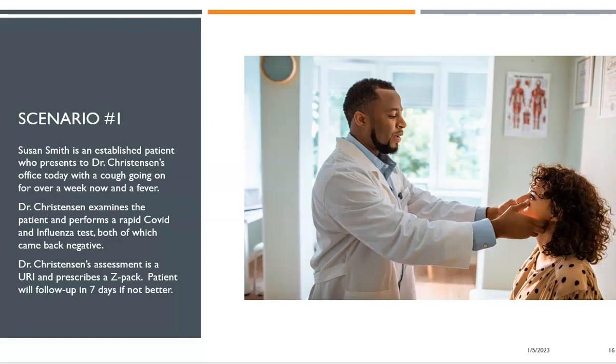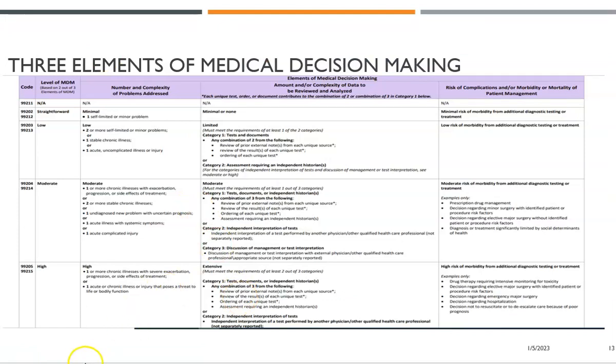Okay, hopefully you picked 99214 because our patient, if we go back to our level, and let me get my marker, our patient had an acute illness with systemic symptoms, URI, and then there was a fever.